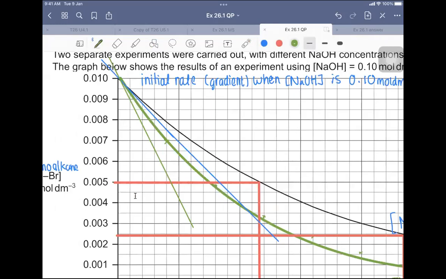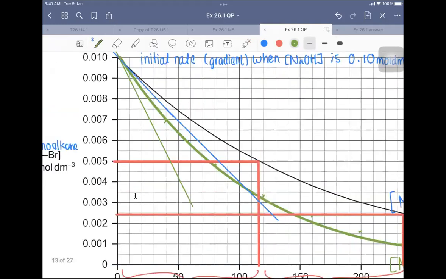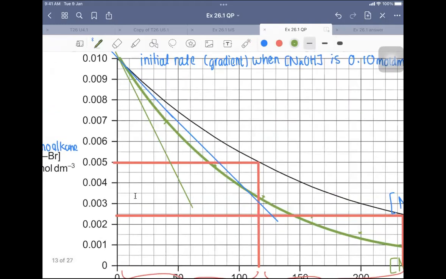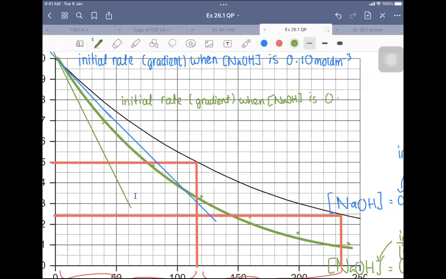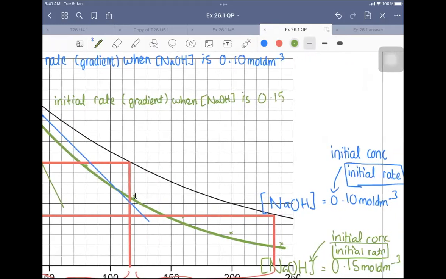The green line is the initial rate or gradient when the concentration of sodium hydroxide is 0.15 mole per dm cube.